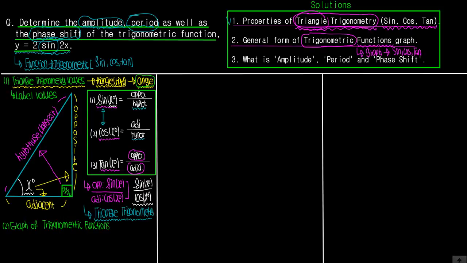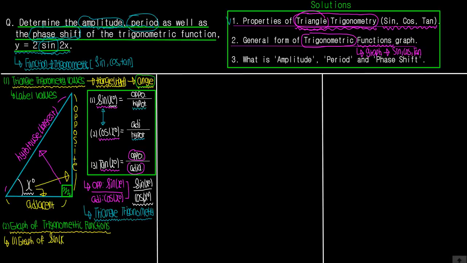So the second thing we're going to talk about is the graph of specific trigonometric functions. And obviously the first thing we're going to talk about in our graph section will be the general graph of sine of x.